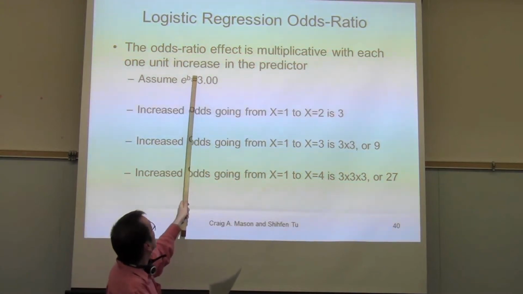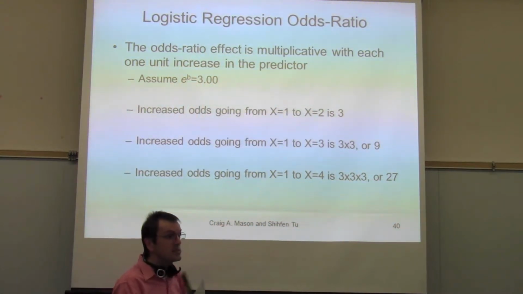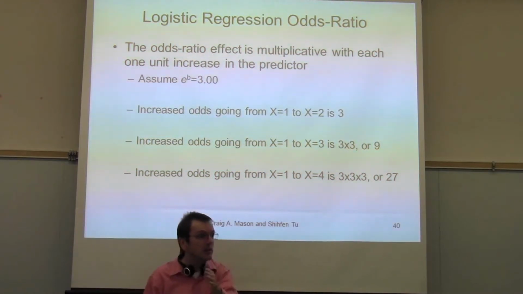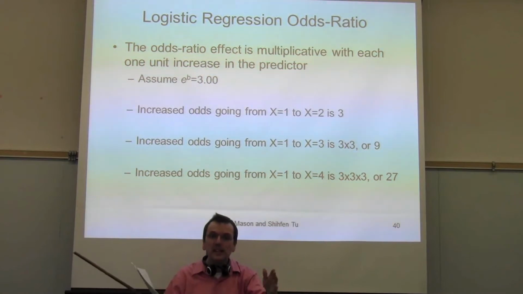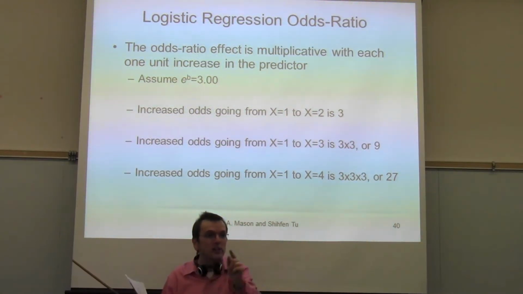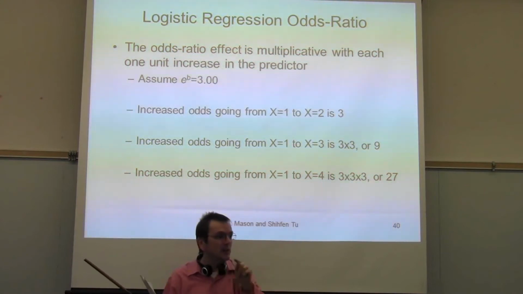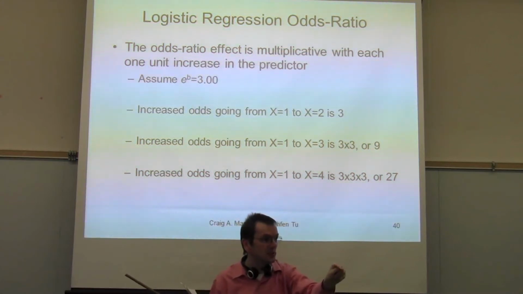So again, the key is this is a big deal if you're trying to interpret the effect, particularly when it's a continuous predictor. To get a sense of how big the effect is, look at the odds ratio, but then look at different values of your predictor. Okay, what's the increased risk if the mom had 10 years of schooling versus 16 years of schooling?